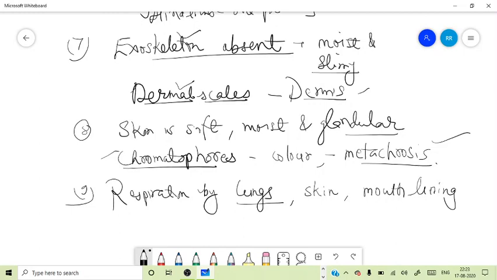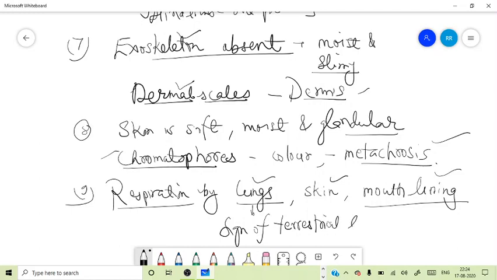So these are the three respiratory organs in amphibians. First is lung, second is skin, and third is mouth lining. And the presence of lungs is a sign of terrestrial life. So amphibians moved to land from the water. So why are they known as amphibians? Because they can live in water and land as well.